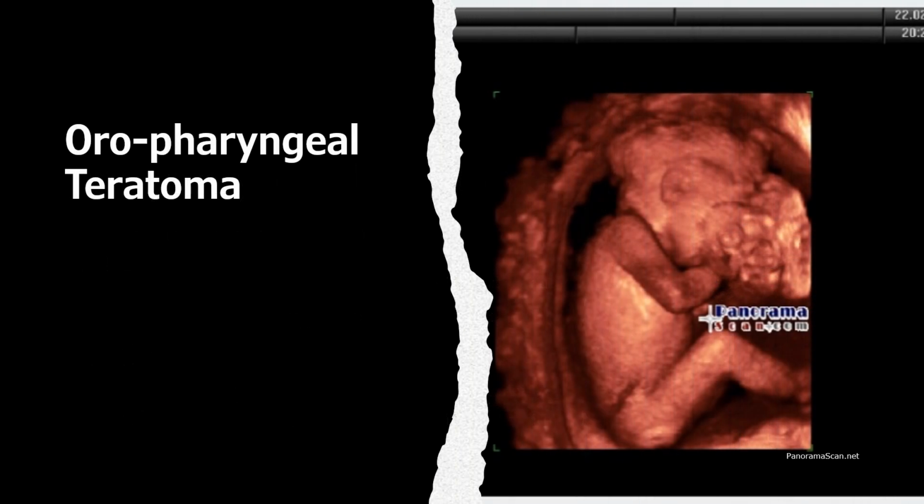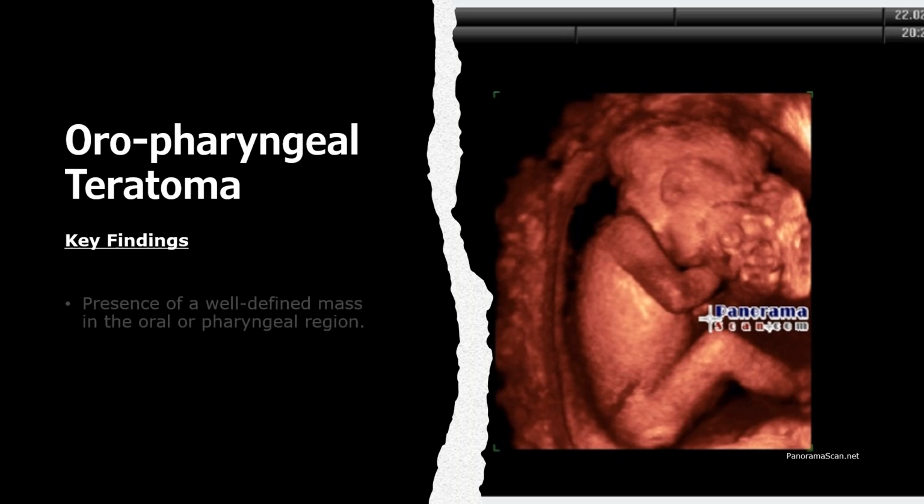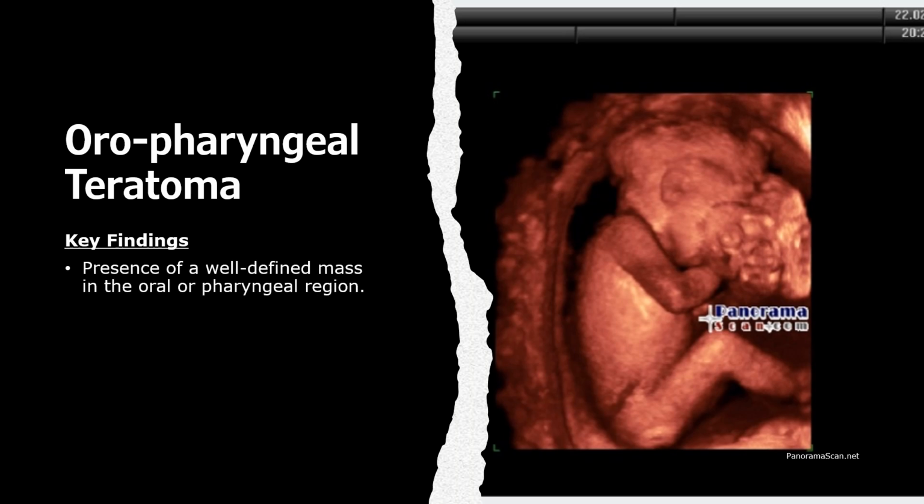Now let's review the key findings associated with oropharyngeal teratoma on ultrasound. The first notable feature is the presence of a well-defined mass in the oropharyngeal region. This mass is typically distinguishable on ultrasound and may vary significantly in size.